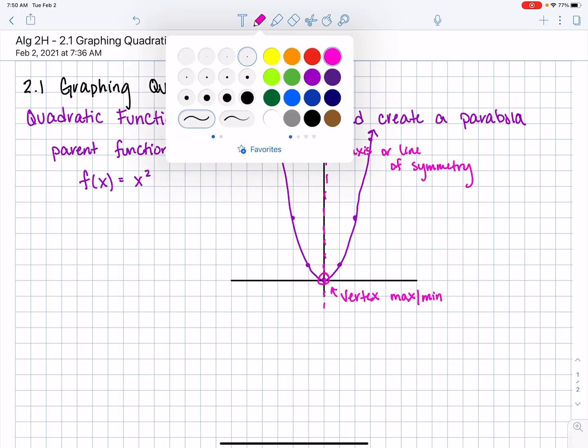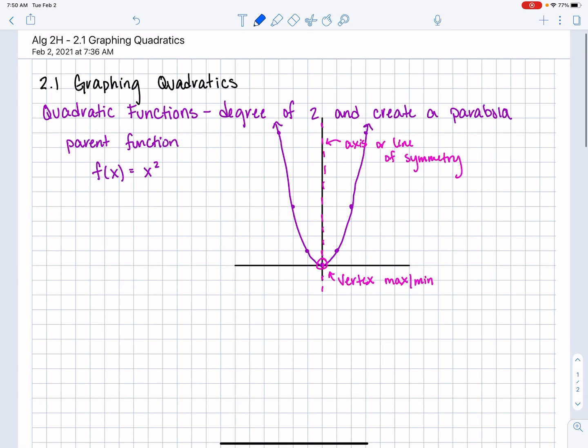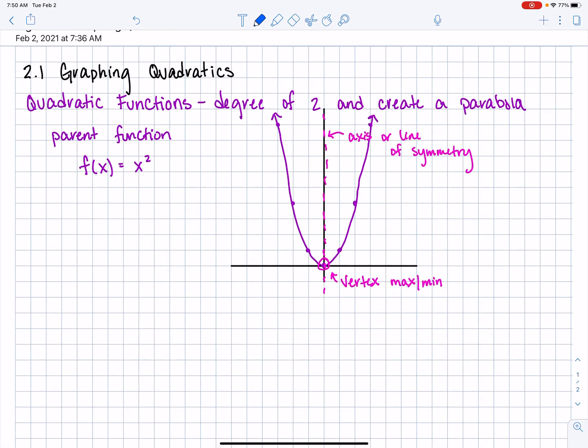Okay, this is our parent function, but we're definitely going to go ahead and move some things around with it. And we're going to start with this form called vertex form. And make sure you have lots of space here to add things onto this because we're going to add notes as we work with it. So f of x is equal to a times x minus h squared, because it's a parabola or a quadratic, plus k.